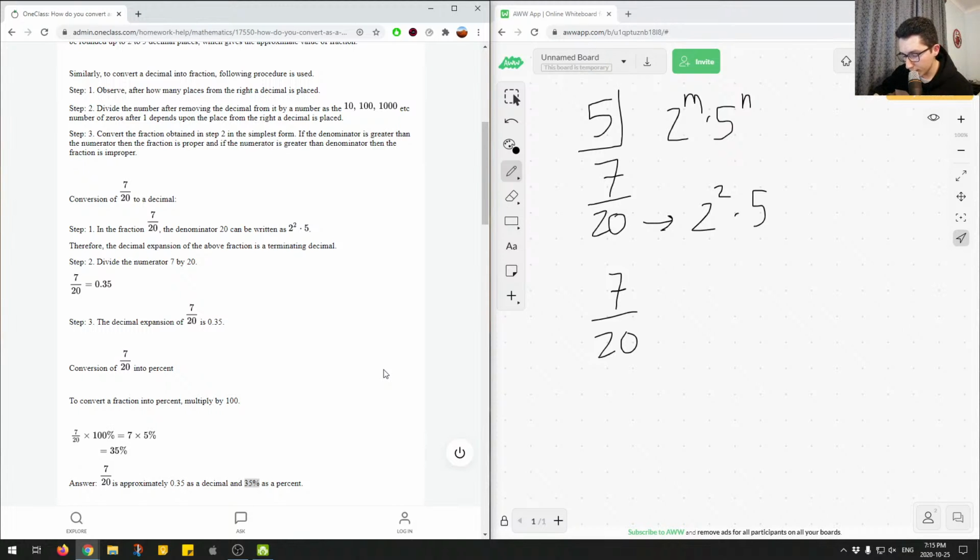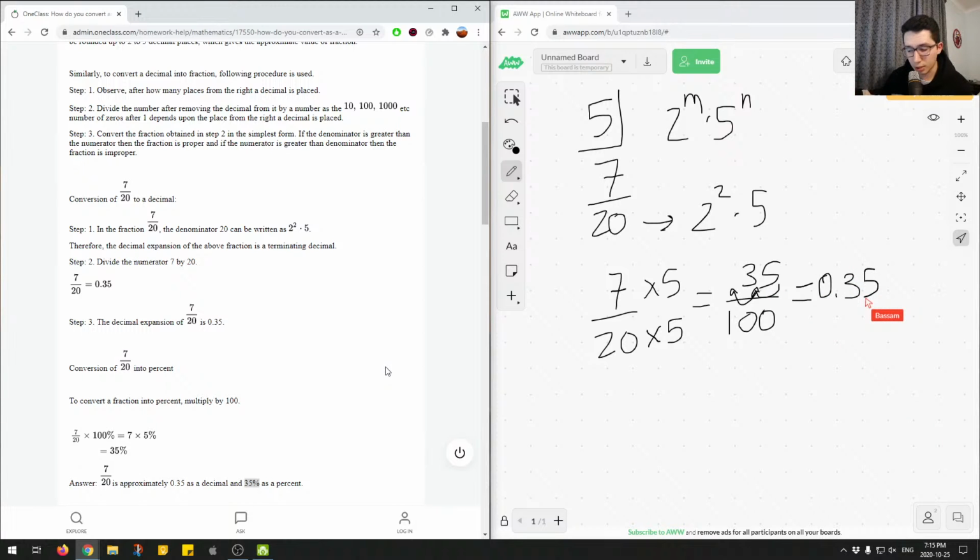We know 20 times 5 will give us 100. If you multiply bottom and top by 5, we end up with 35 over 100. Since 100 in the denominator is easier to divide into 35, we just shift the decimal place over twice, 1, 2, and we end up with 0.35.